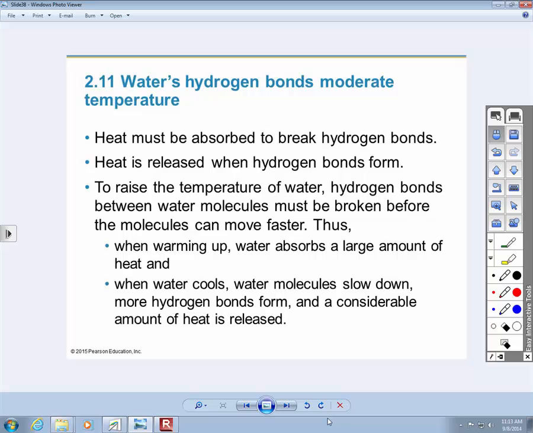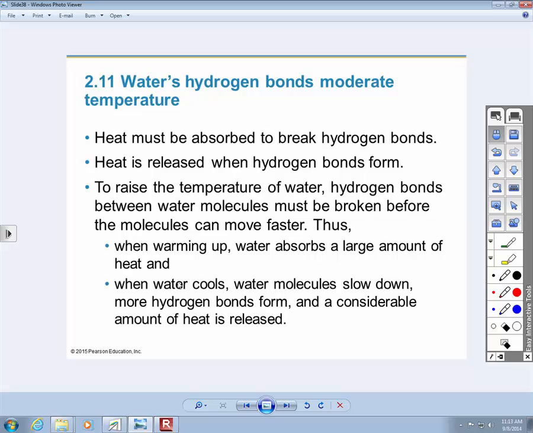What happens is the moisture in the air begins to cool, and as it cools, the water molecules come close together, and of course they form hydrogen bonds. And as they form the hydrogen bonds, you're actually releasing the heat out of that when they do that. It kind of seems a little awkward, but anyway, they do.